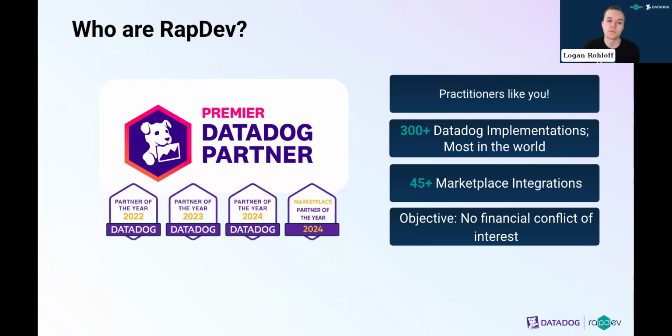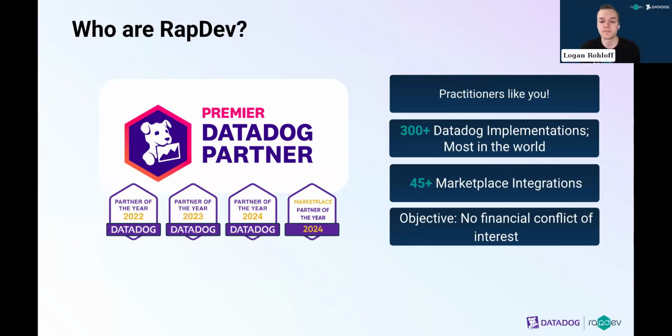We've done at this point over 300 Datadog implementations globally, and that covers pretty much the entire breadth of Datadog's product suite, from infrastructure to APM to logging, RUM, LLM observability, cloud security, you name it. Well, we've implemented it at least once. We have now over 45 marketplace integrations.